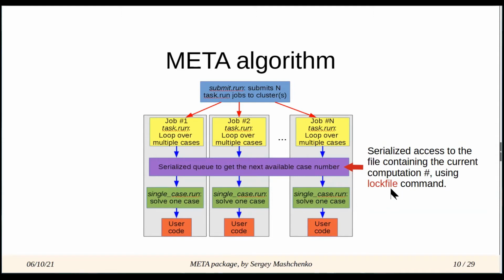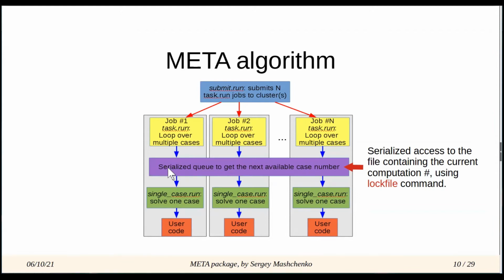Instead, what I'm using in my package is a file system method. I'm using the lockfile command, which serializes access to certain operations. More specifically, at the beginning of each loop, the meta job will serialize access to a tiny file which contains the current item number we want to compute from the long list.